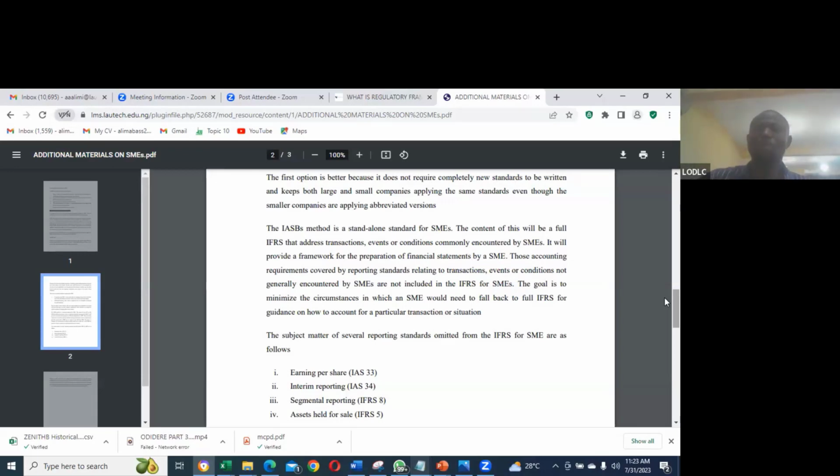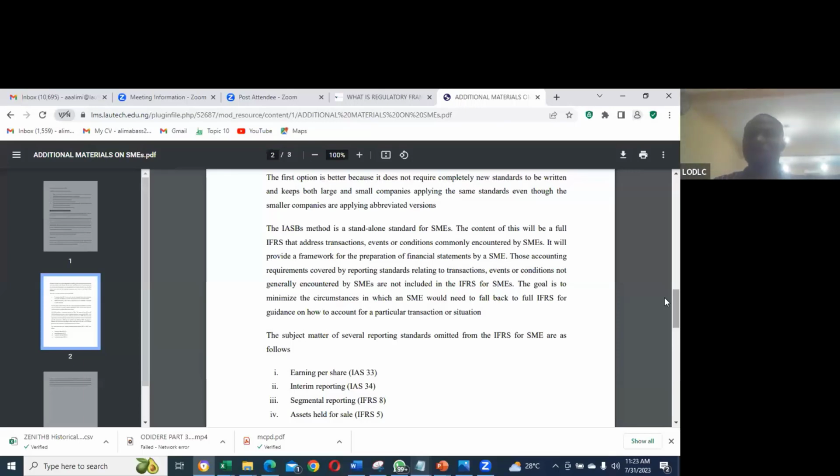The goal is to minimize the circumstances in which an SME will need to fall back to full IFRS for guidance on how to account for a particular transaction or situation. So if there is a particular framework for IFRS for SMEs, it will be quite different from those organizations that apply full IFRS.